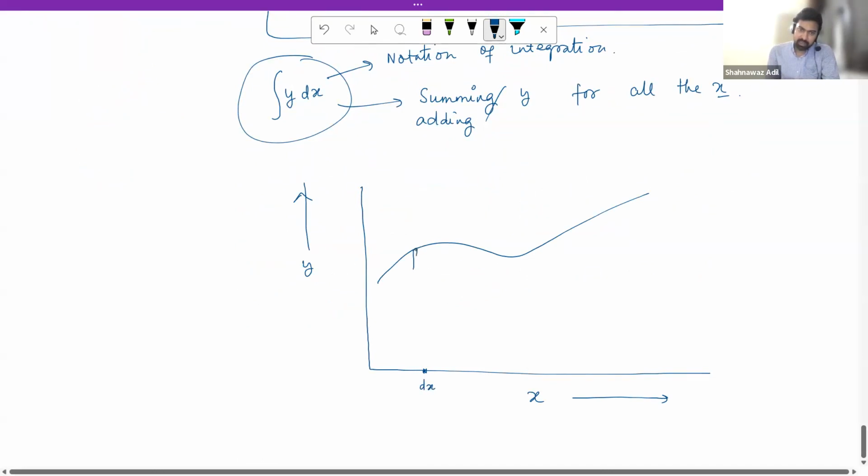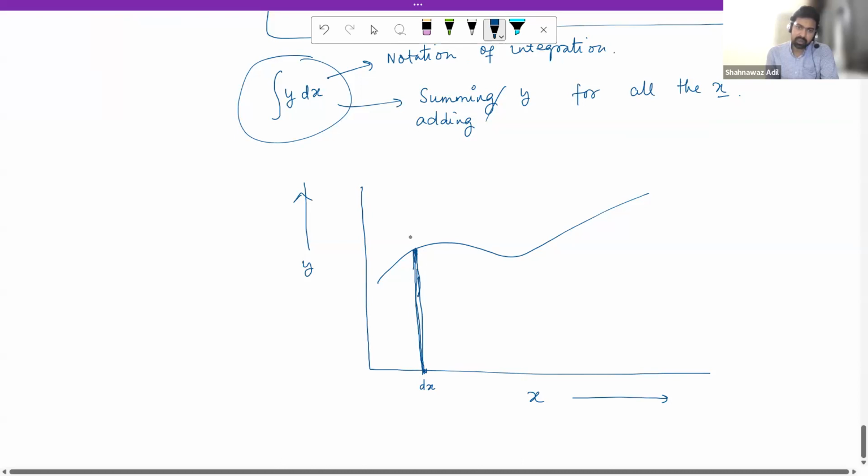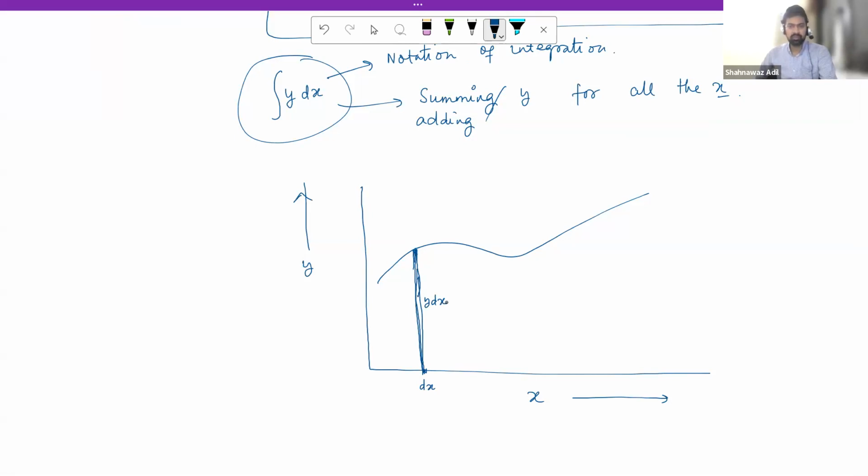So this part is what? This area would be what? Up to some point y, so this is y dx, right? Is it clear?